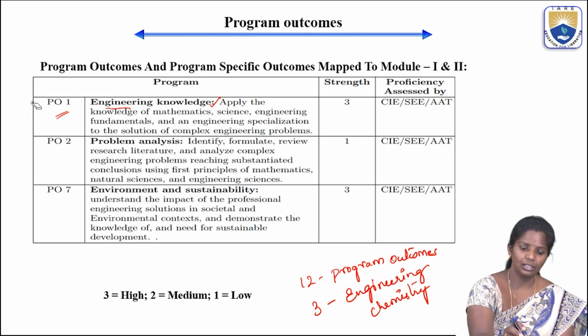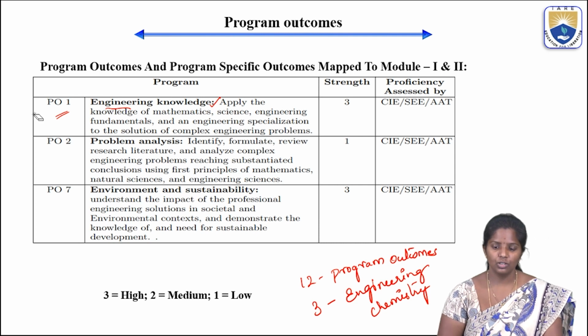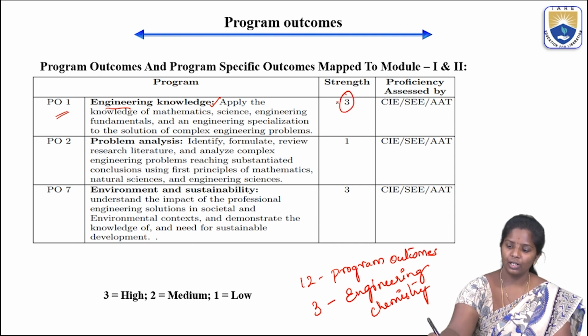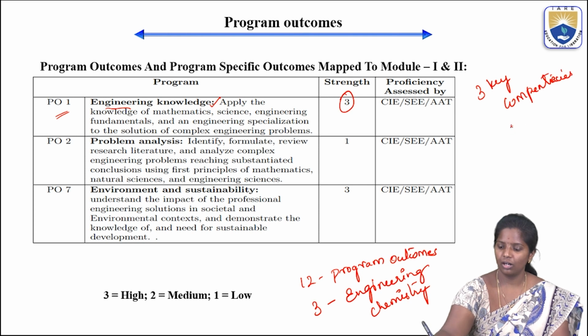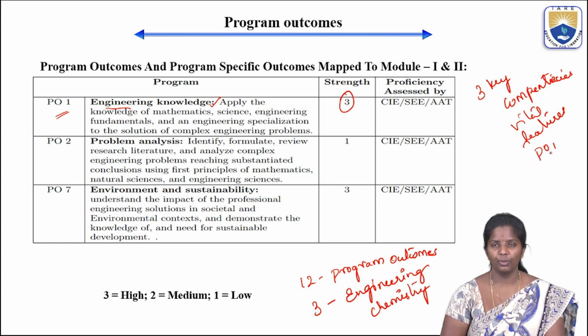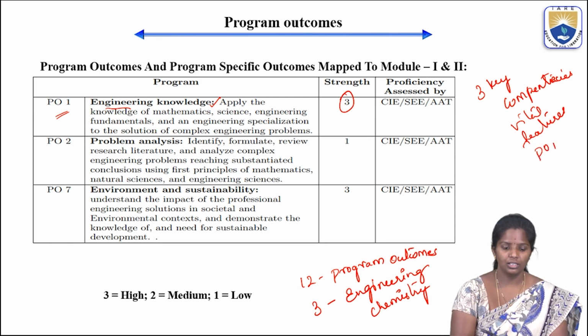So we will see that in the tables. This is an example. It has a strength of 3 because 3 key competences are matching, or vital features are matching from PO1.